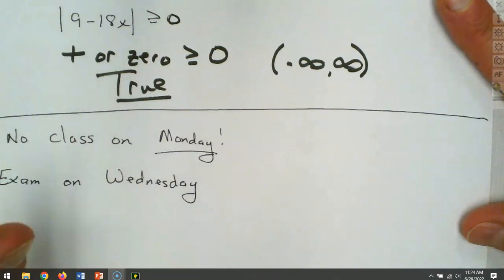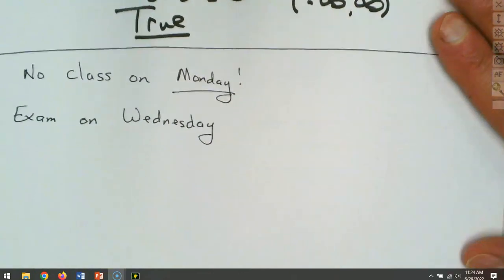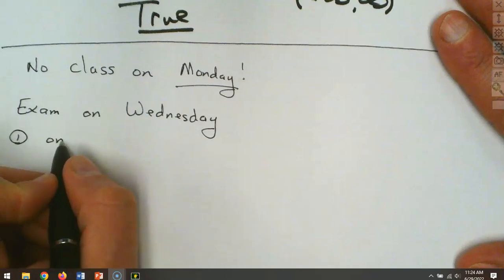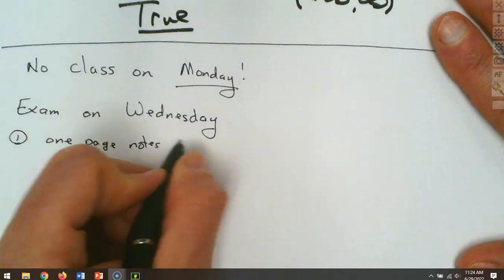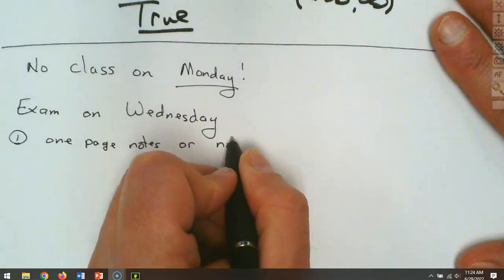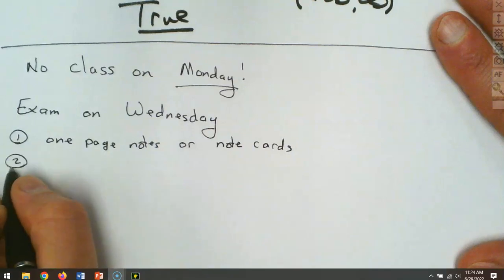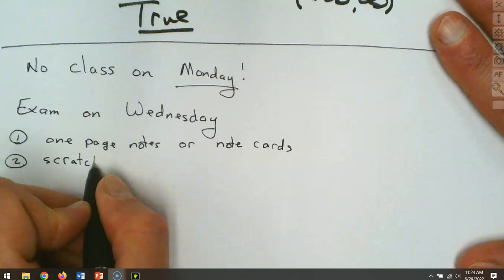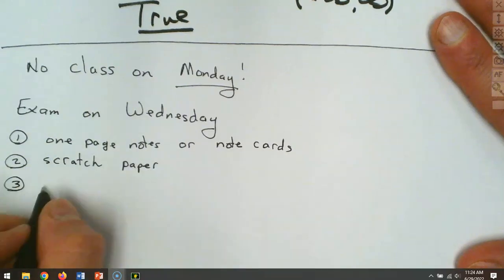So our exam's going to be on Wednesday when we come back after the break. What can you have on that exam again? You can have 1 page of notes or note cards, just like before. You can have scratch paper. And you can also have a calculator.